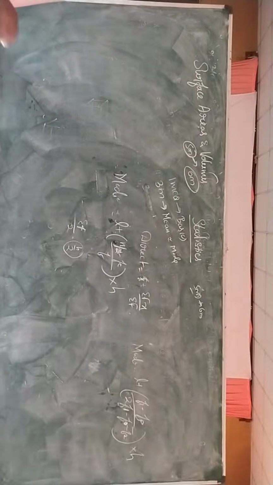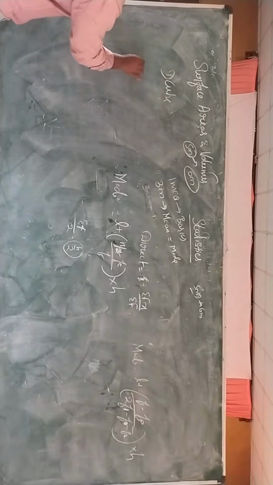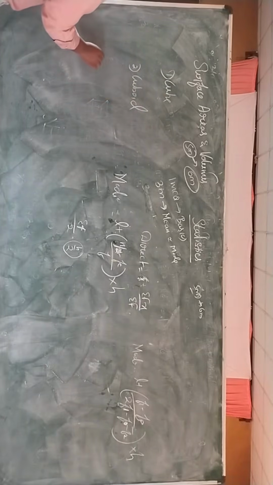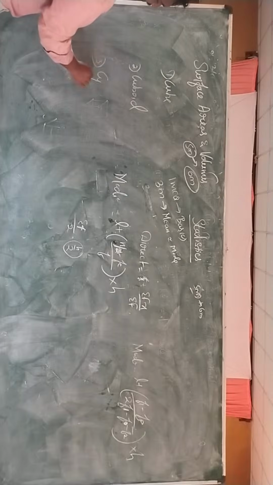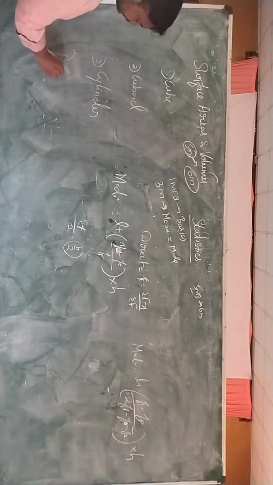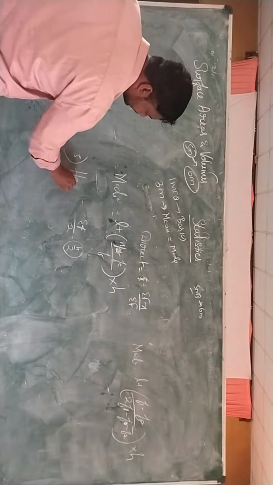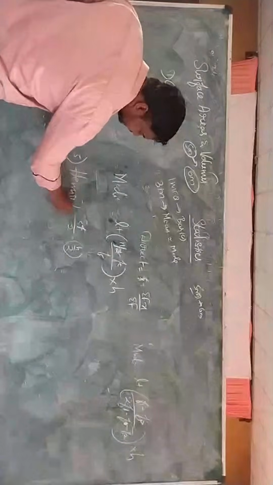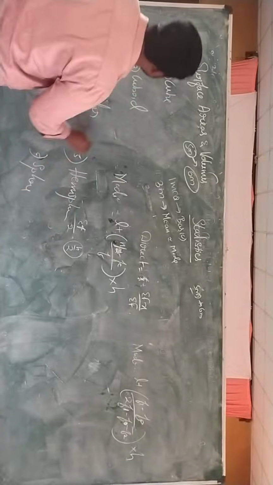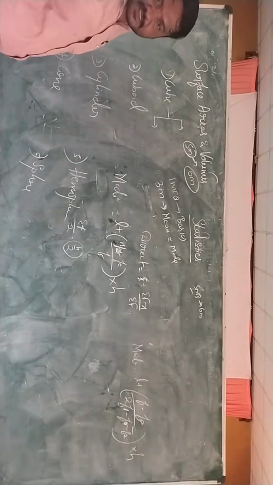Combination of solids. First one, cube, cuboid, all the formulas you will get 1 mark. Cuboid and a cylinder, cone, hemisphere, sphere. So first cube, LSA, not TSA, lateral surface area.